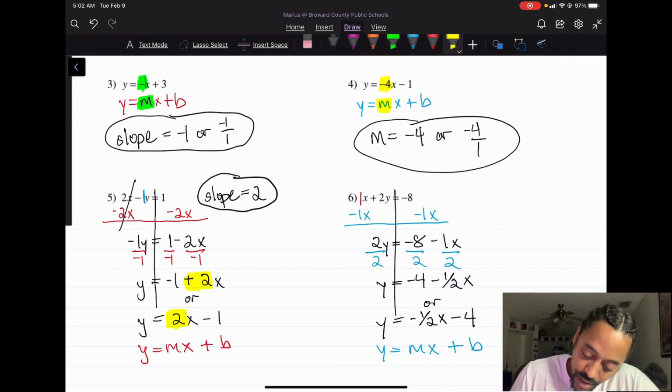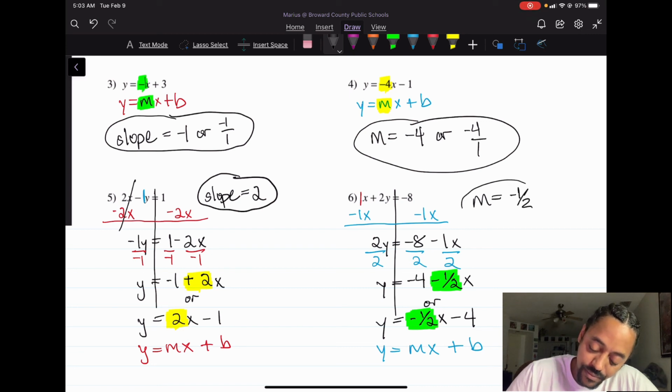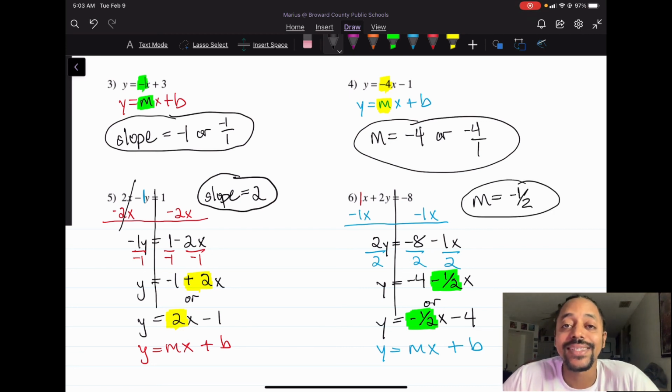So, as we take a look here, we know that our coefficient of x is negative 1/2, okay? So slope here, m equals negative 1/2. All right, and that is how you find the slope from an equation.